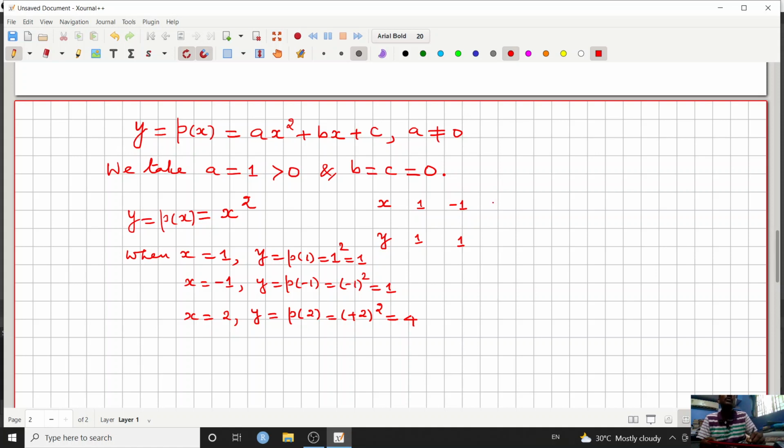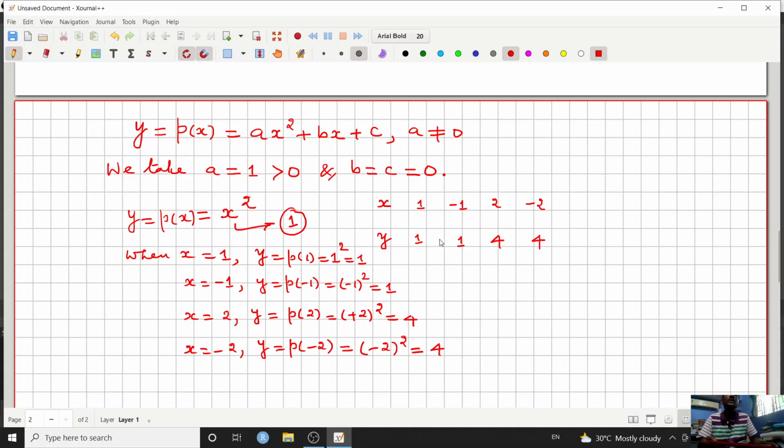So when x is equal to 2, we get 4. Similarly, when x is equal to minus 2, y is equal to p of minus 2, that is minus 2 whole square. All these things come from equation 1. So when x is equal to minus 2, y becomes 4.